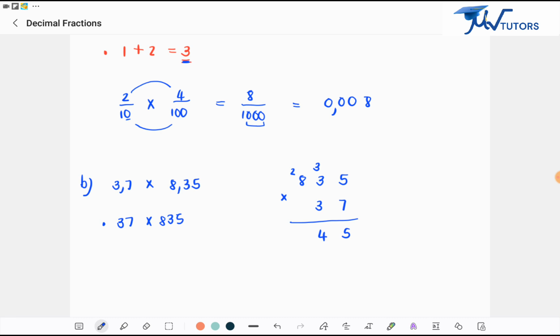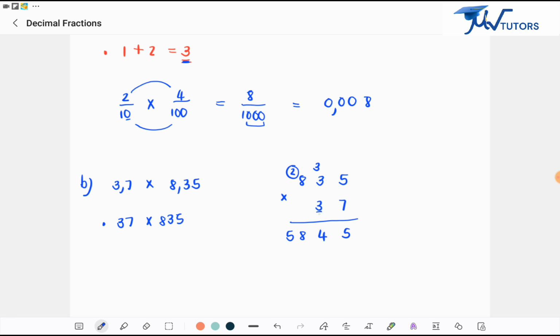So 8 times 7, I think that should be 56, no? 8 times 7 is 56. Then I need to add the 2. So that's going to be 58. All right. So basically, if I have 835 multiplied by 7, it's 5,845.